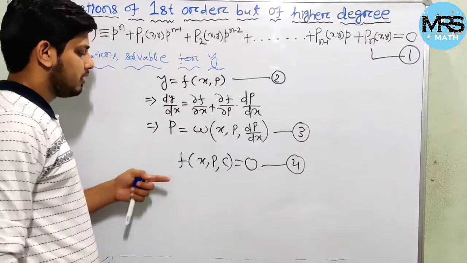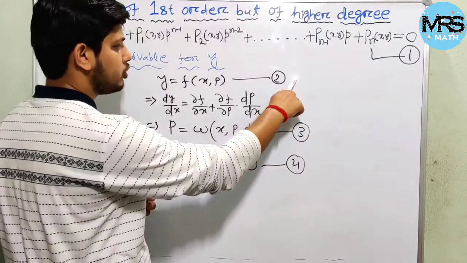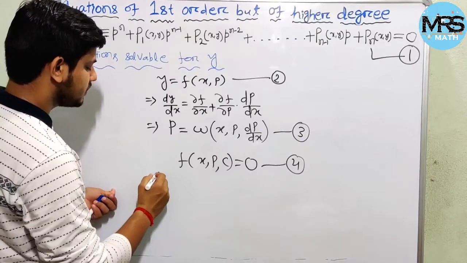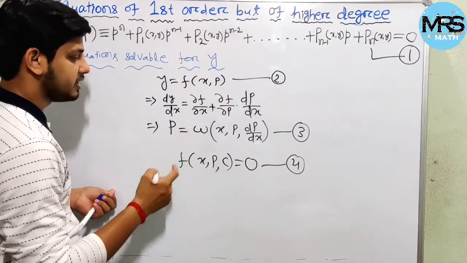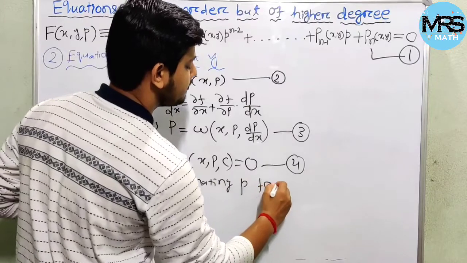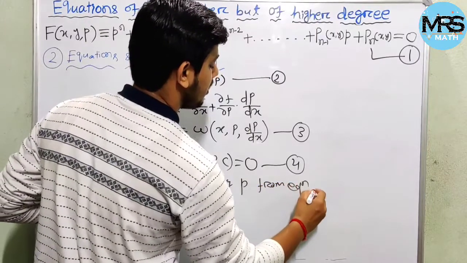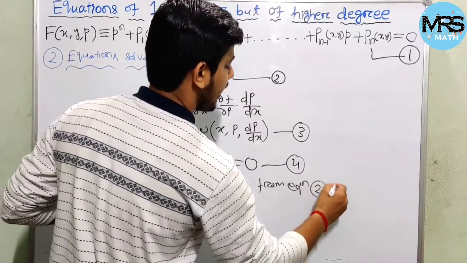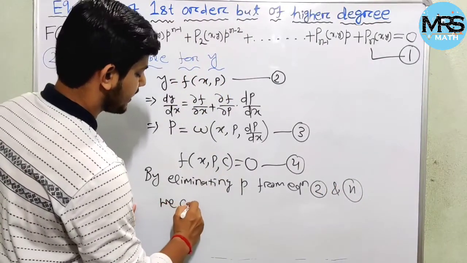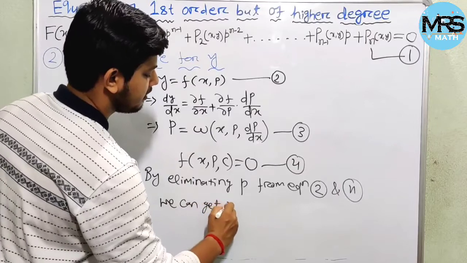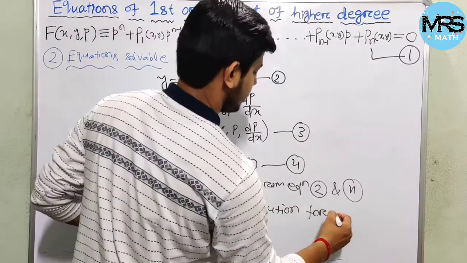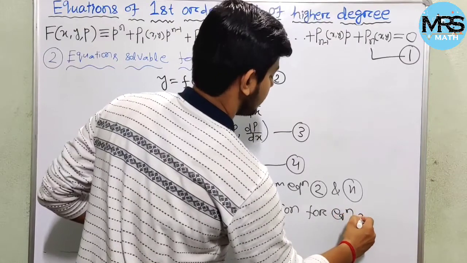So from equation number 2 and equation number 4, by eliminating p, we can get the solution for equation number 2.